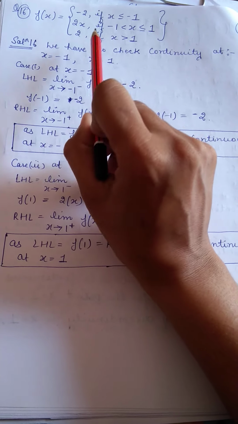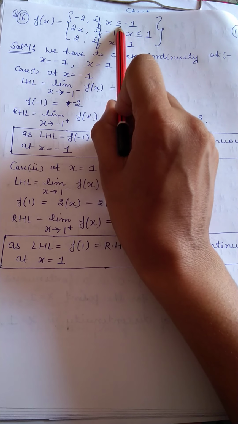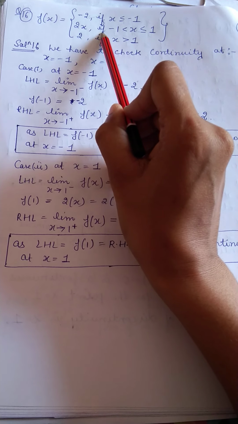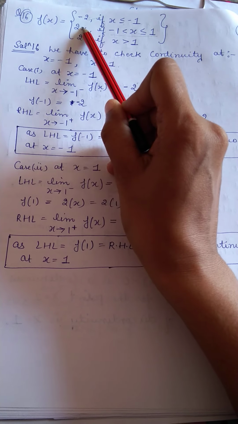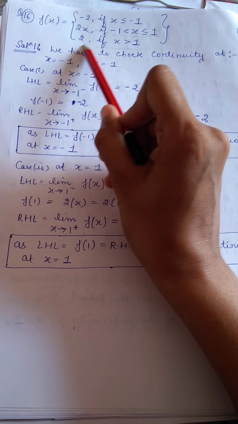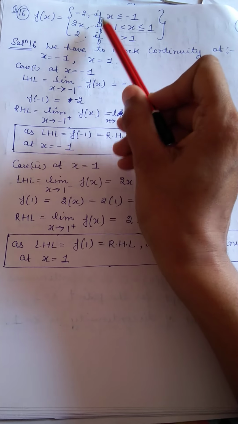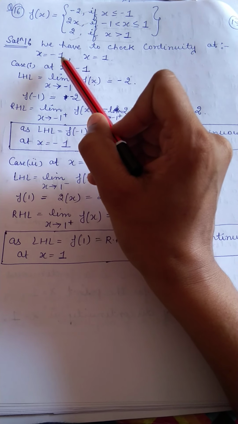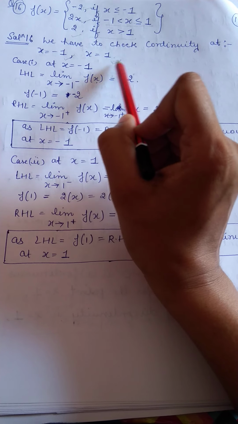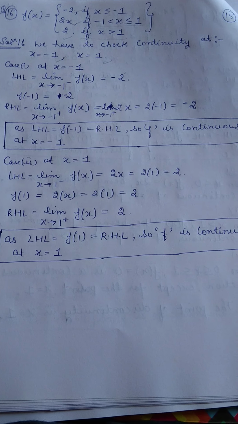When x is less than or equal to -1, it is defined as -2. When x lies in this interval, it is defined as 2x. And when x is greater than 1, it is defined as 2. So we have to check continuity at 2 points: x is equal to -1 and x is equal to 1.